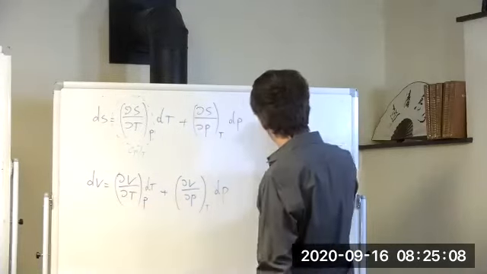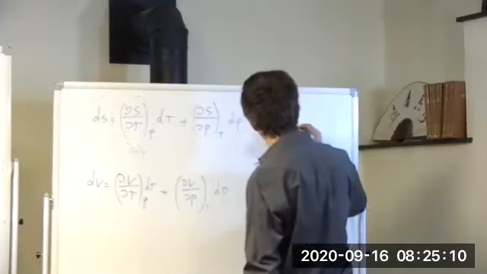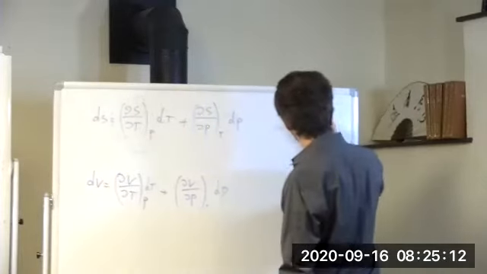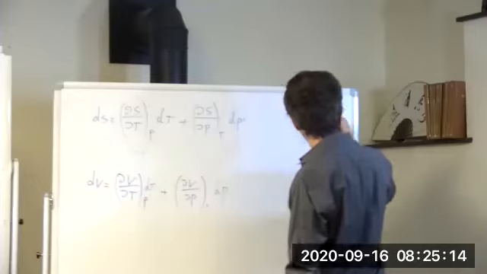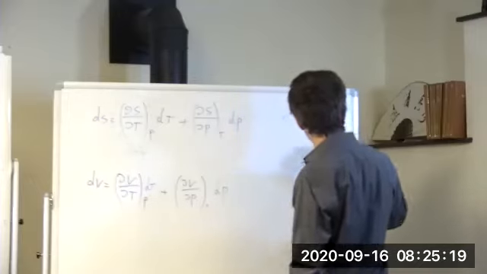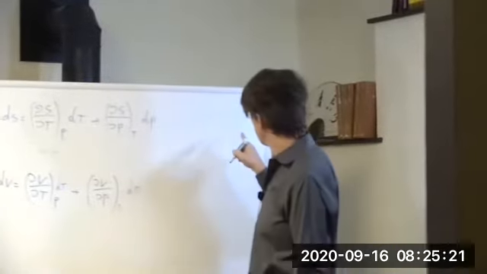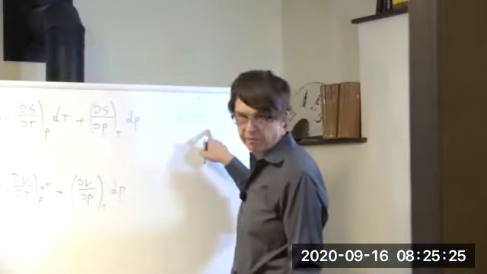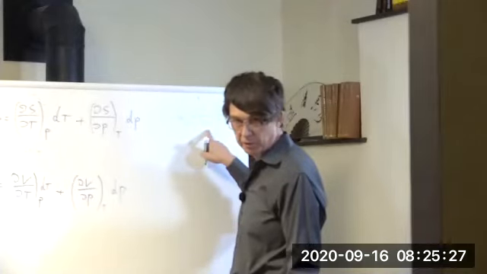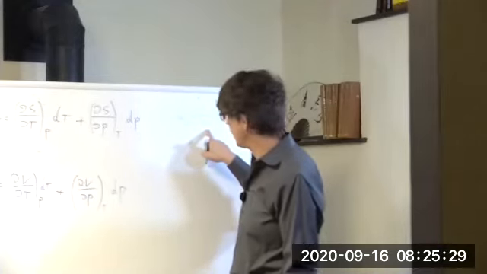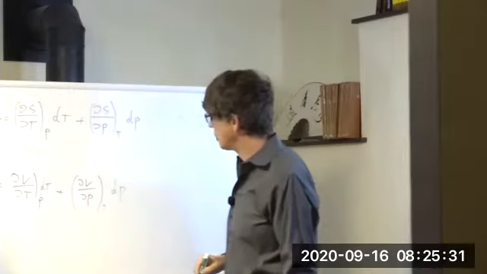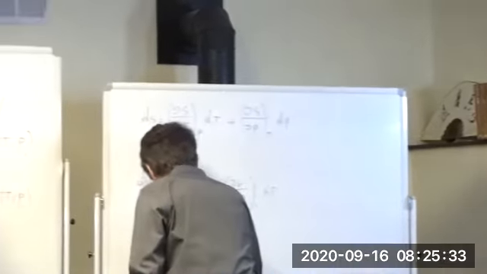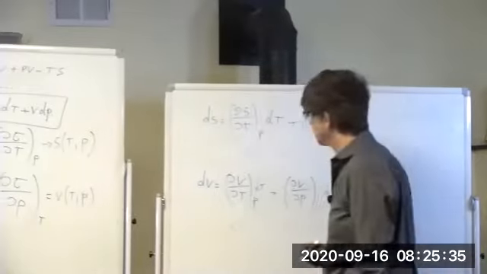So the volumetric thermal expansion, alpha V, is defined as 1 over V dV/dT at constant pressure. No surprise: the volume depends on temperature, but you normalize by volume so that this becomes a property that doesn't depend on the size of the system. So this here is equal to alpha V times V.